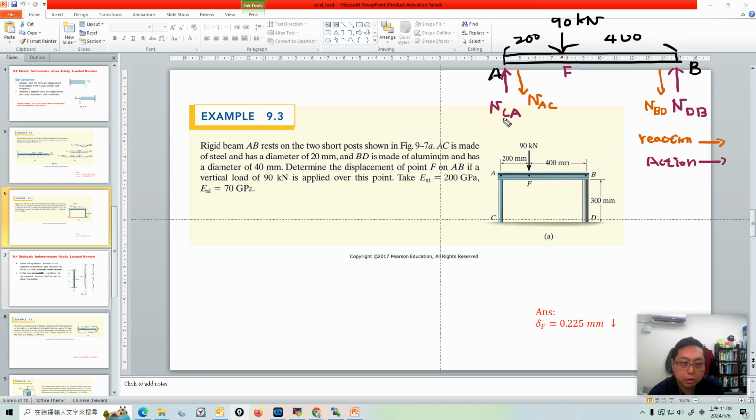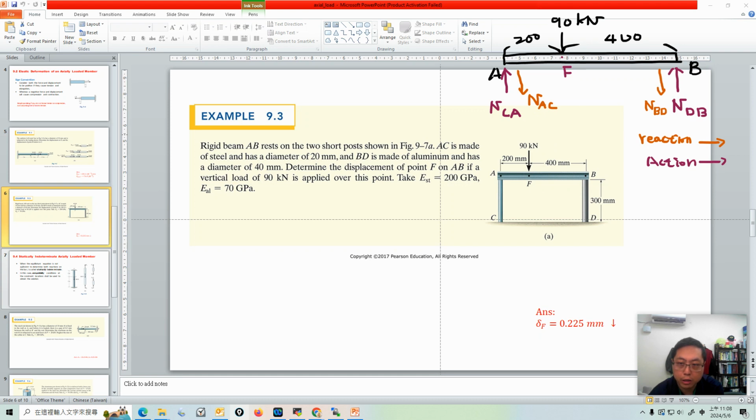We had force from C to A, but at the same time we have a reaction force from A to C. We have force from D to B, and a reaction force from B to D. So the NAC and NBD will cause the deformation of the bars. Do you understand that?